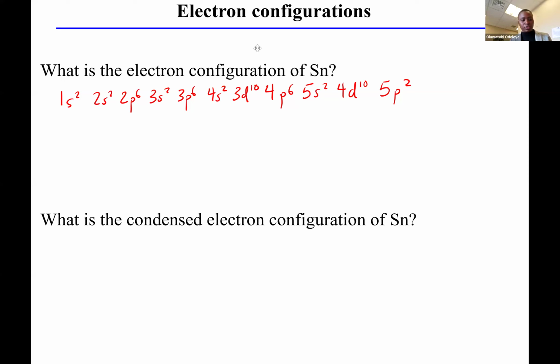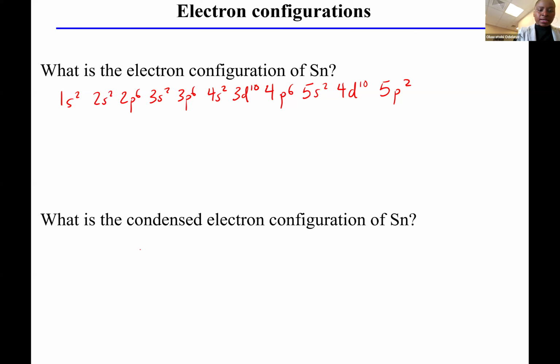So the condensed configuration for tin would be, all right, look for where tin is, and then work backwards to find the last noble gas. That would be your elements in this last column, 8A. In this case, since tin is all the way over here, the last noble gas I come in contact with is krypton.